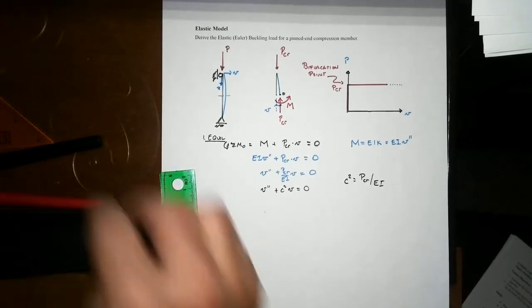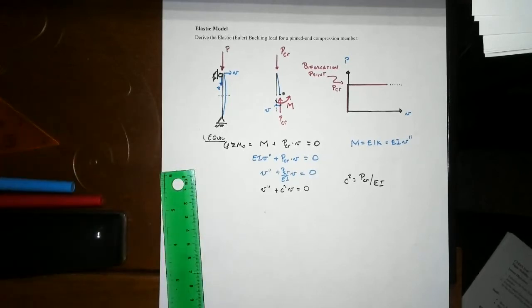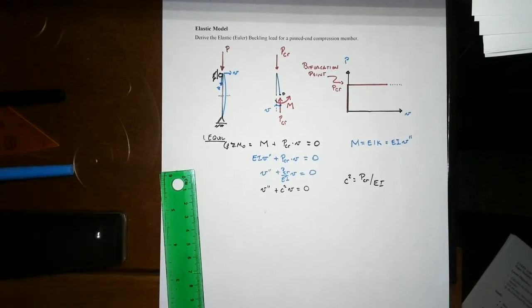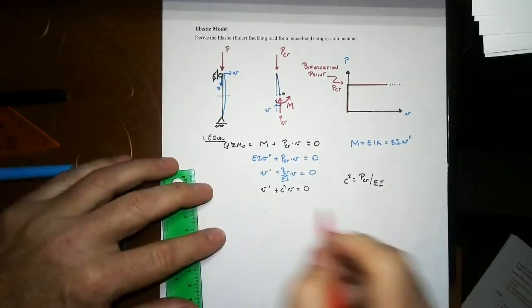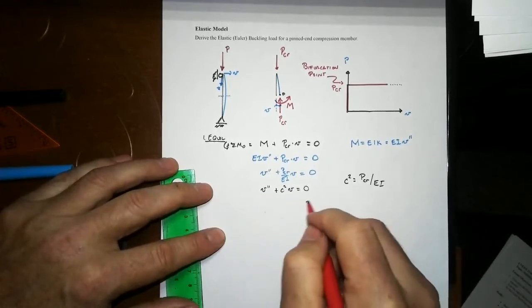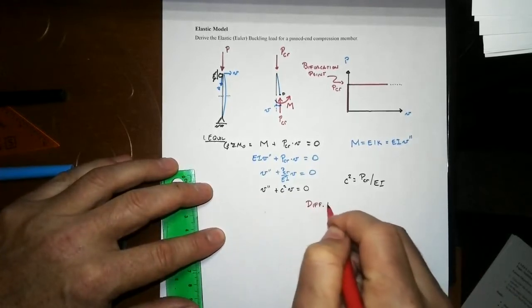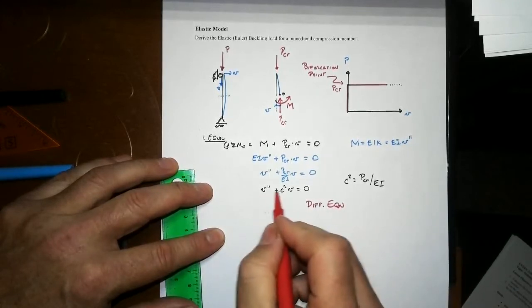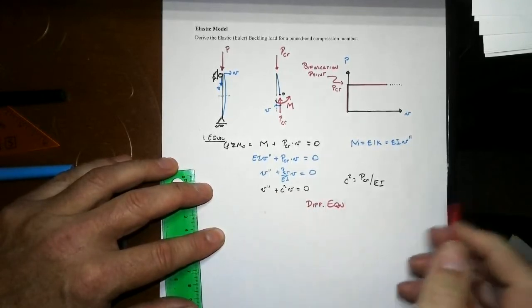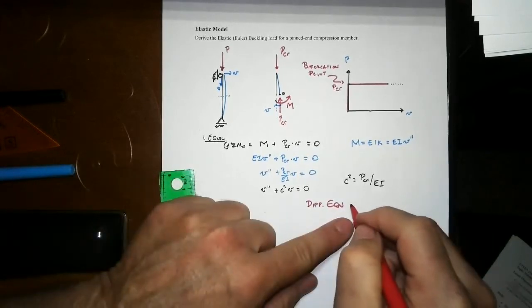Before we go on, though, there's some housekeeping to take a look at, and that is the name of this equation. This is a differential equation, we've got differentials in here. It has constant coefficients, the constant's not a function of x or anything like that.